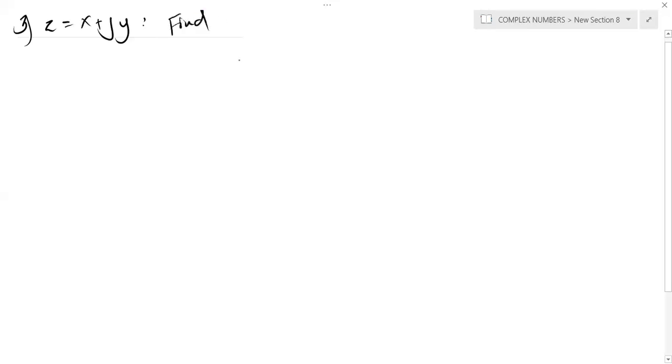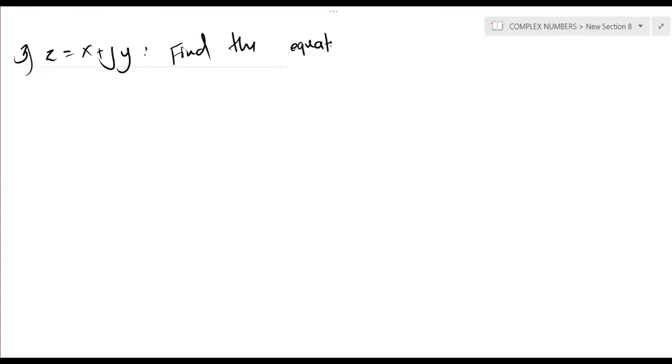The modulus of z plus 1 over z minus 1 is equal to 2.